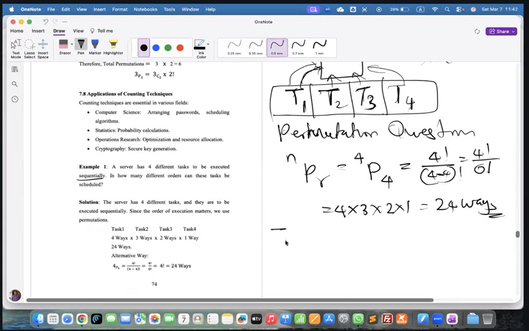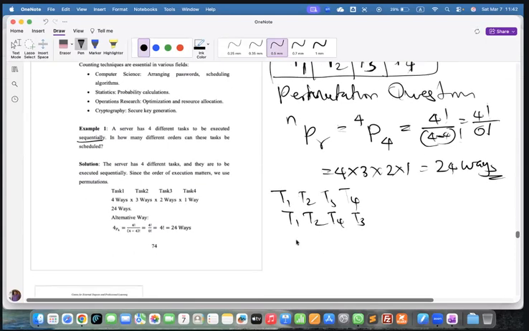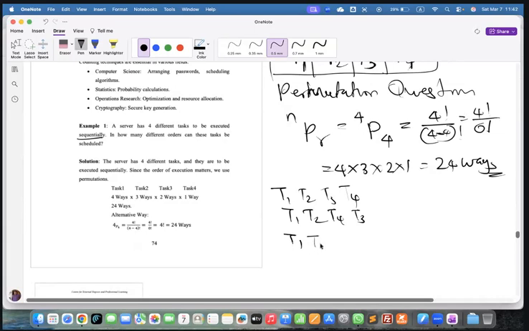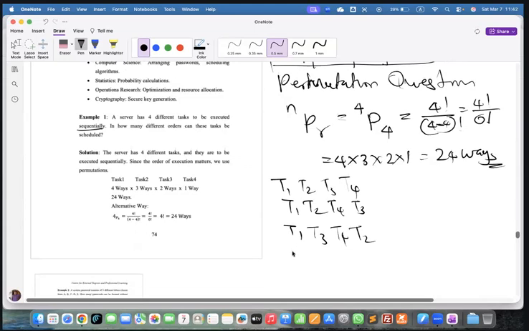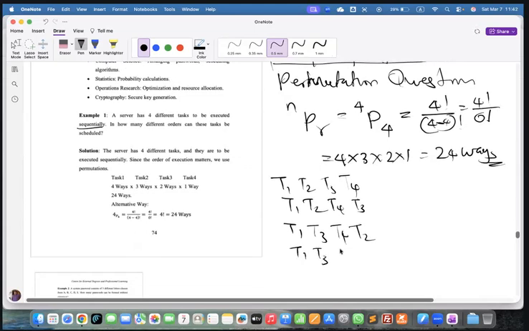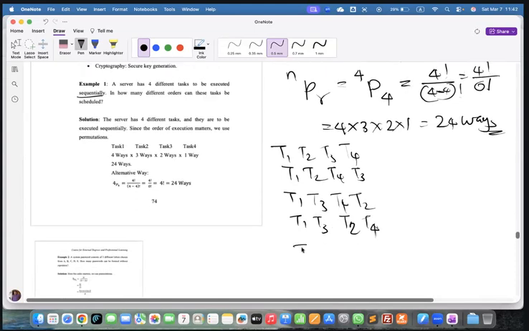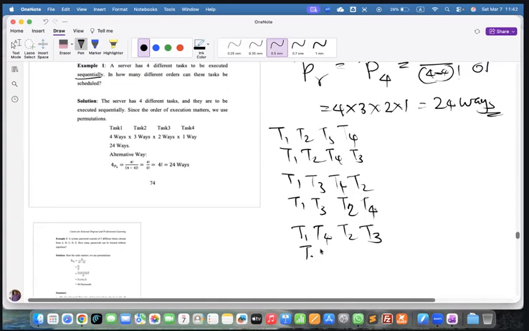What are the 24 combinations? T1, T2, T3, T4; T1, T2, T4, T3; then T1, T3, T4, T2; T1, T3, T2, T4; T1, T4, T2, T3; T1, T4, T3, T2.